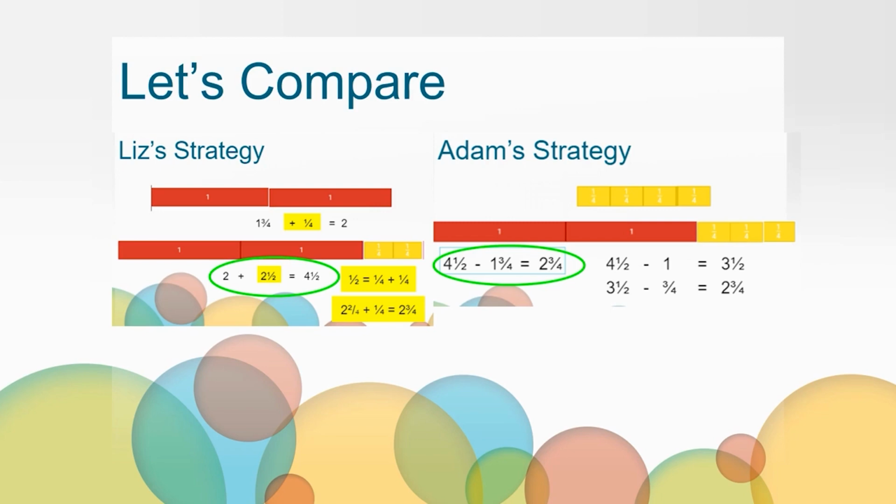Another difference is that Adam decomposed 1 3/4 and subtracted each part separately. First, he subtracted 1 whole from the total of 4 1/2, and then he subtracted 3/4. Liz composed the amount of flour Mo still needed by adding the two amounts, 2 1/2 plus 1/4, to the amount Mo started with, 1 3/4.